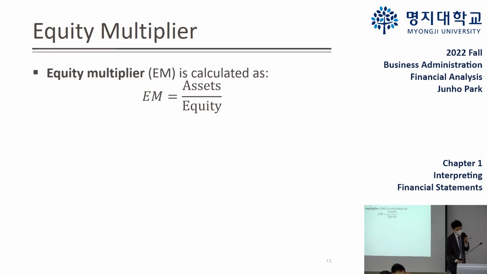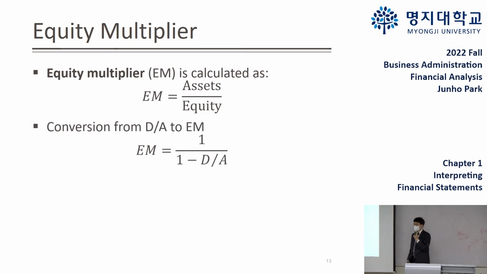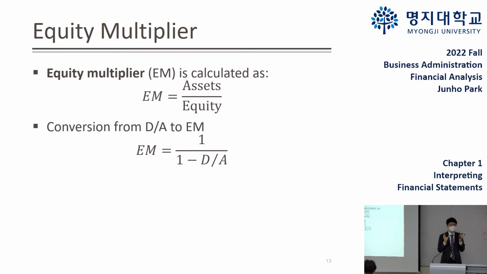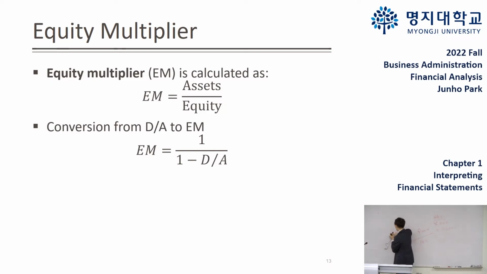So this is also calculated in terms of times. And these two measures have the same information. They rely on the balance sheet. So sometimes we need to convert one into the other, but let me explain it. It's not that difficult.